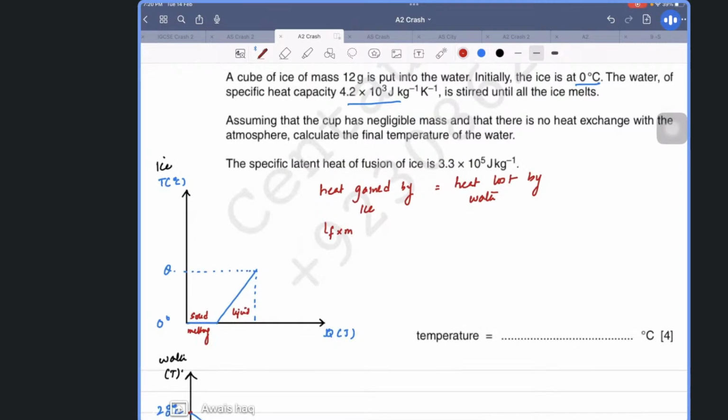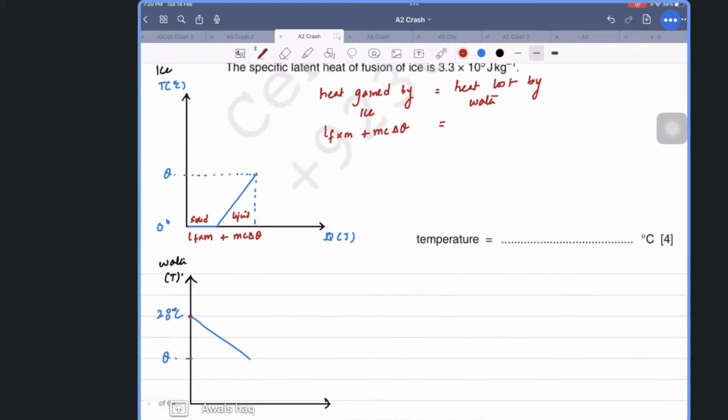Let me write that down, and then it was also heated, so I'm going to use mcΔθ in the liquid state. There are no other stages. On the other hand, we have water that is just being cooled, so it's going to be mcΔθ, because I can see the line is flat.